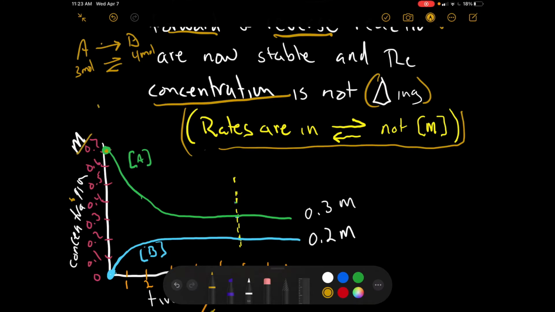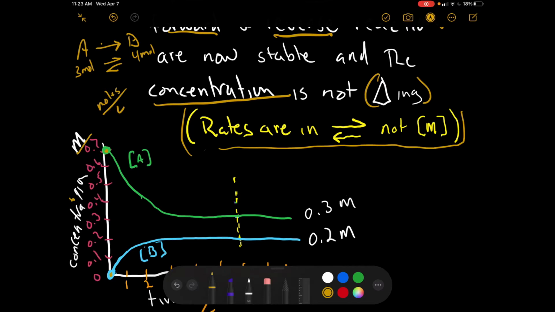And remember, molar is moles over liters. So you have a 0.7 molar solution of reactant A, and at the beginning point, you have a 0 molar solution of B because there are no products yet, right?